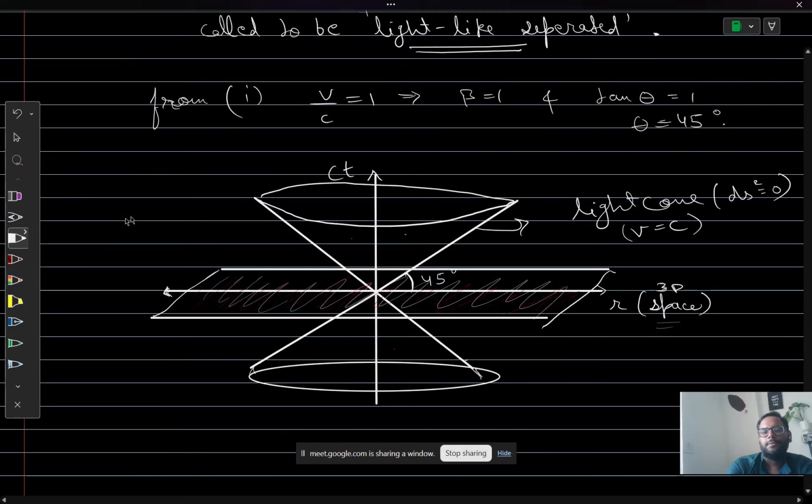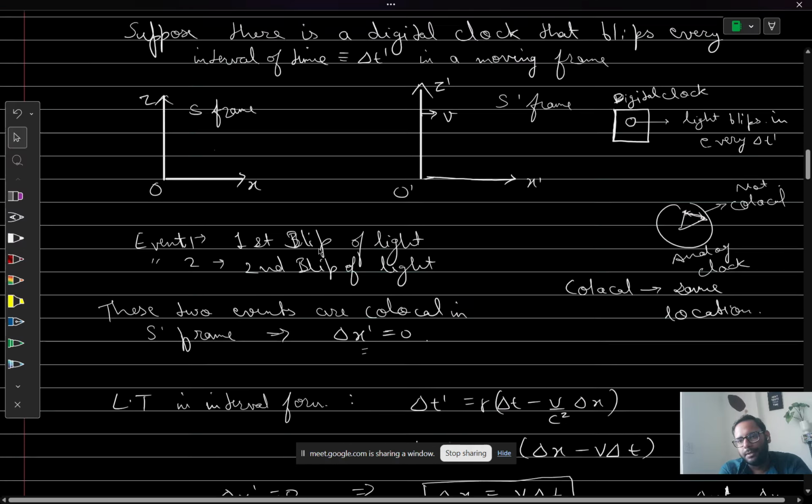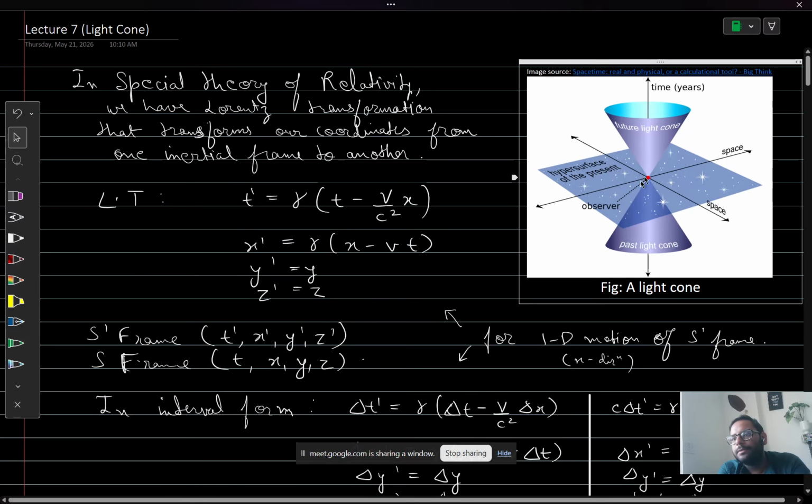This is what I showed initially. This is your future light cone. This is your past light cone. You consider this origin as your present time, and this is the space hypersurface of space coordinates.